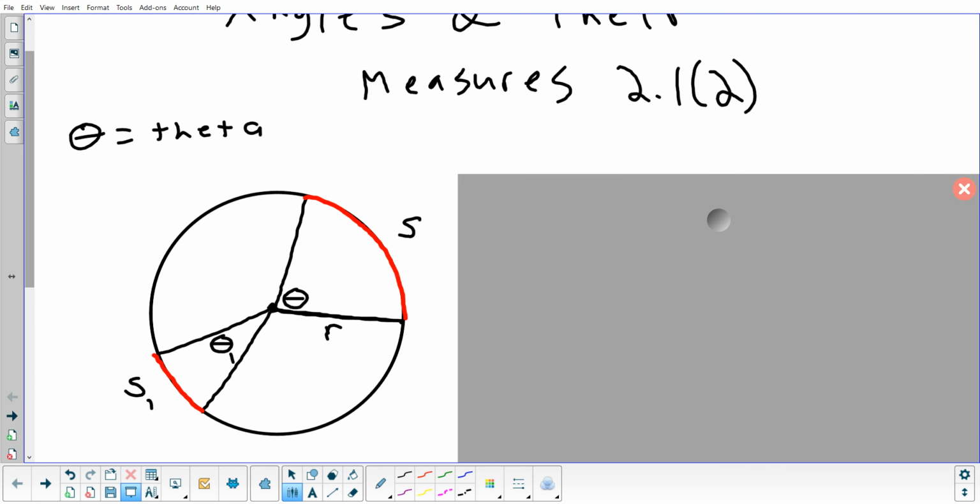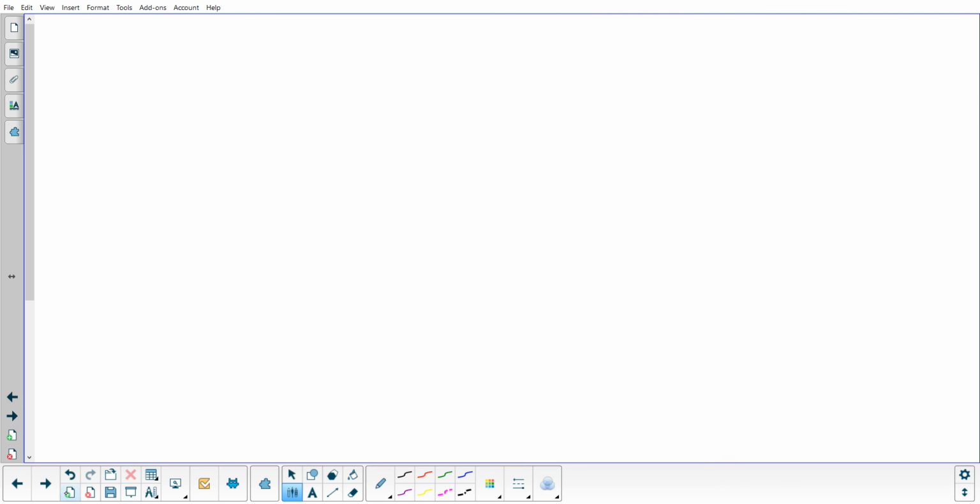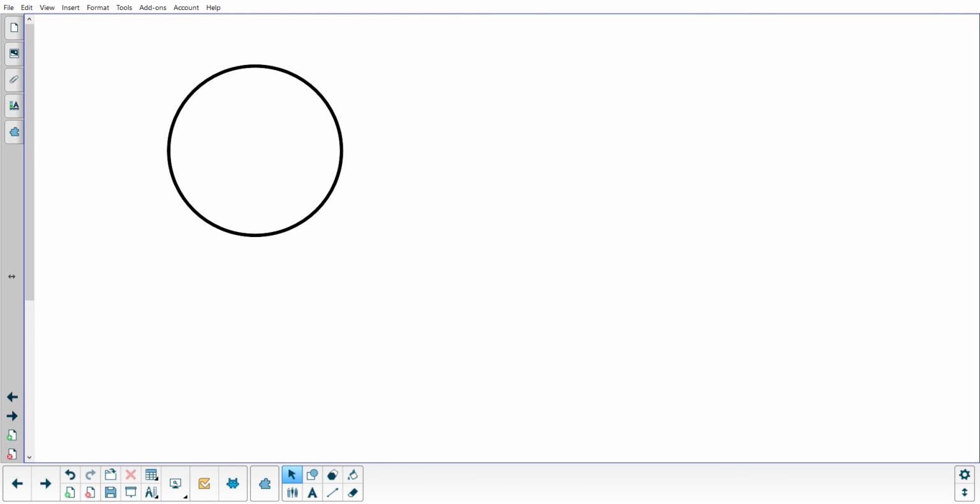Okay, so what I want to look at is what happens to the size of this arc as you change the size of this angle. So let's look at an example. And here's a circle. And I'm going to draw an angle just like that, and the arc that it creates is like that.